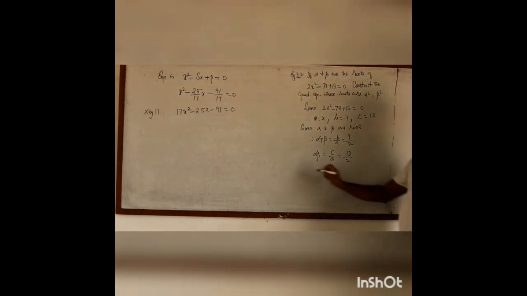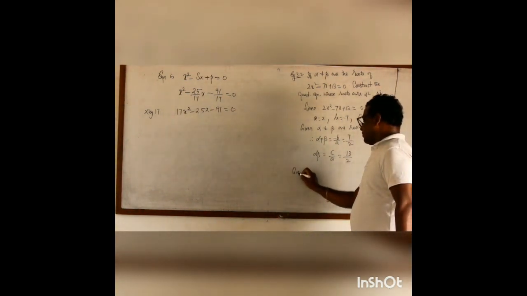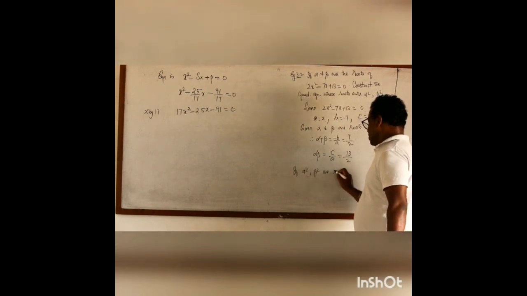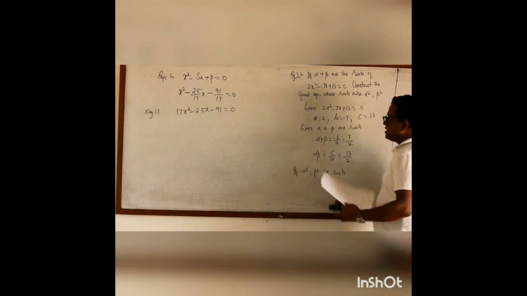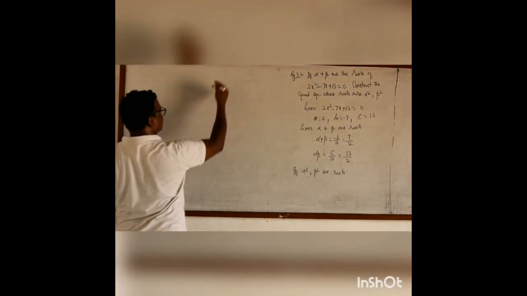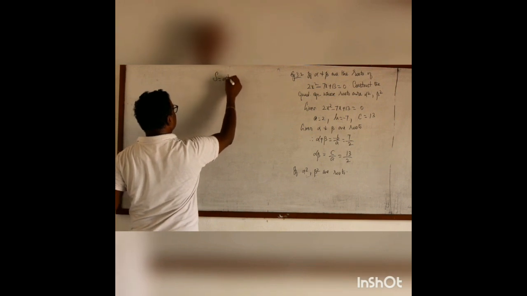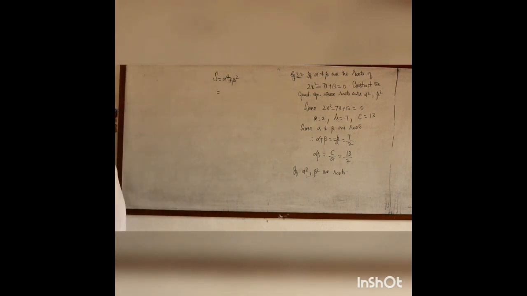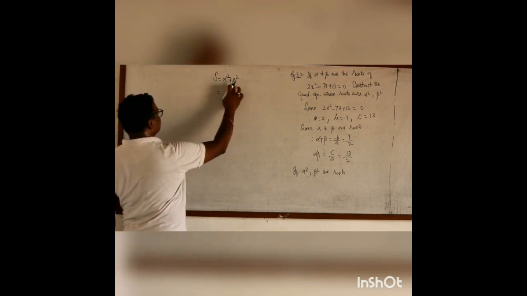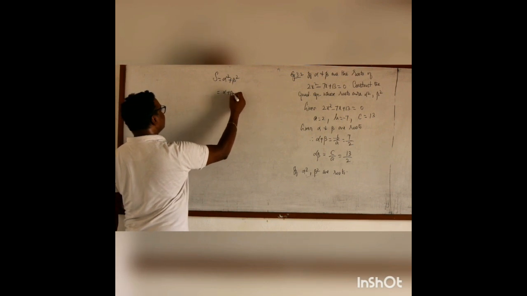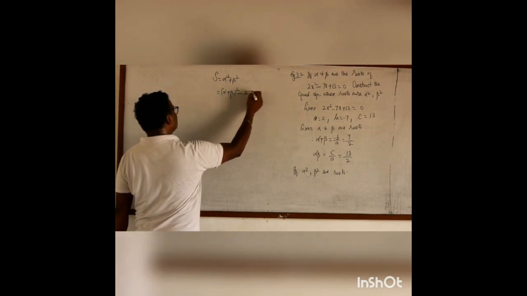Now, what will happen if alpha square, beta square are roots? First we shall find the sum of the roots. S equal to alpha square plus beta square. You know by the identity a plus b whole square is a square plus b square plus 2ab. So a square plus b square is a plus b the whole square minus 2ab.